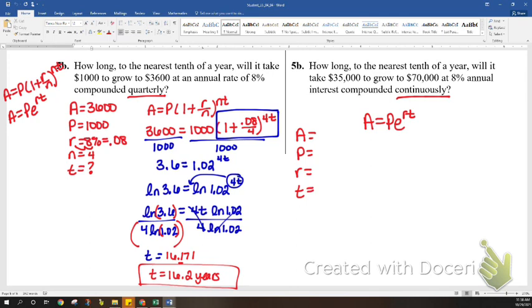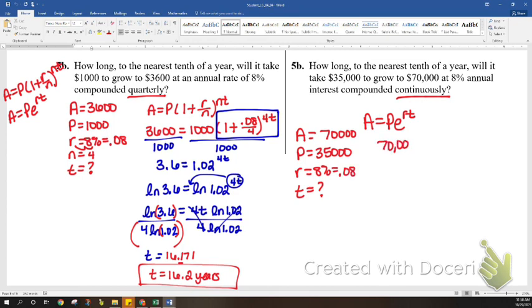We're after time. 35,000 is what we start with, 70,000 is our ending amount, and the rate is 8%, but remember, change that to a decimal.